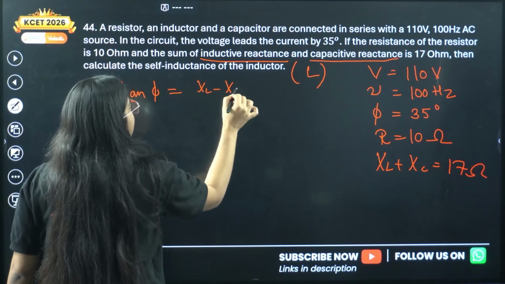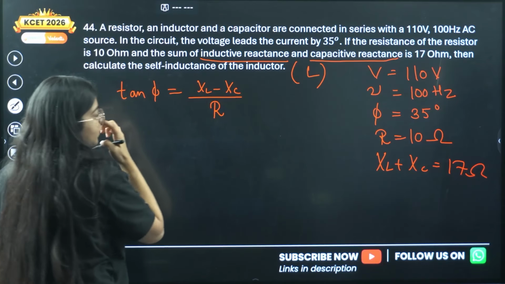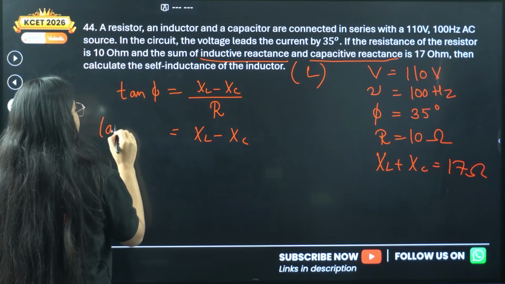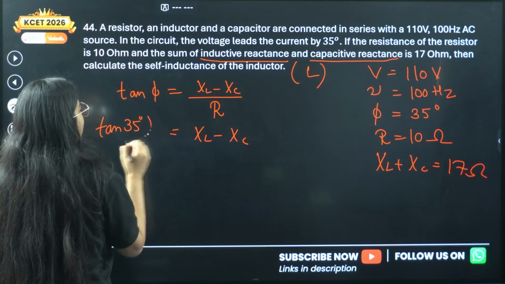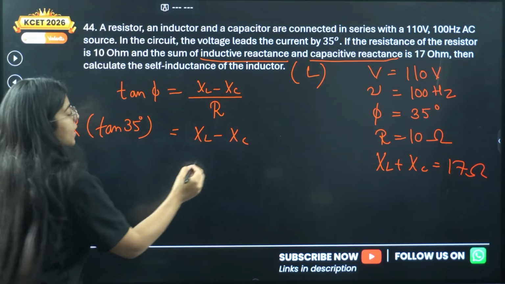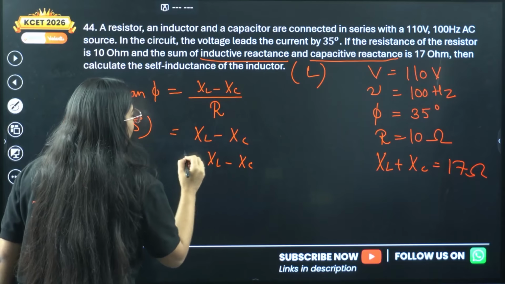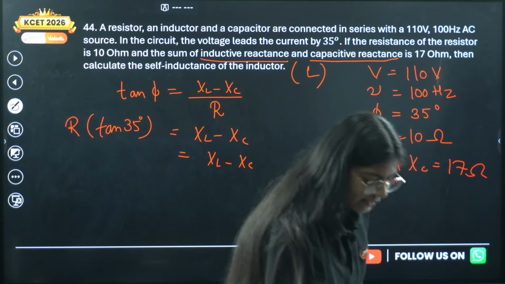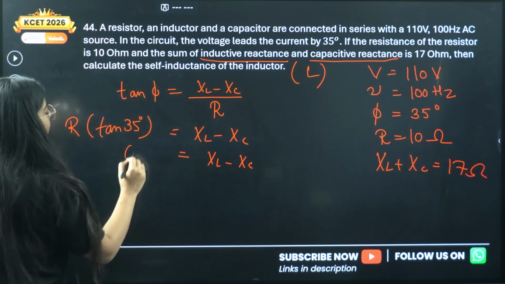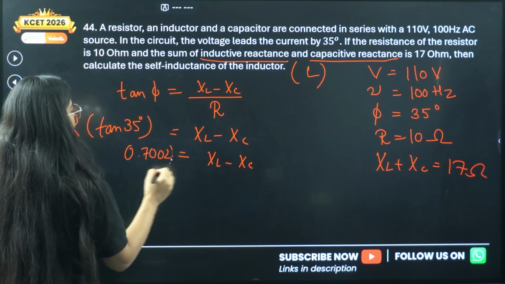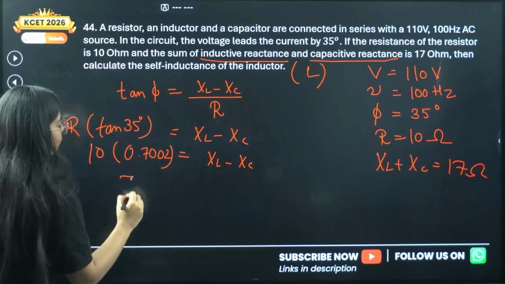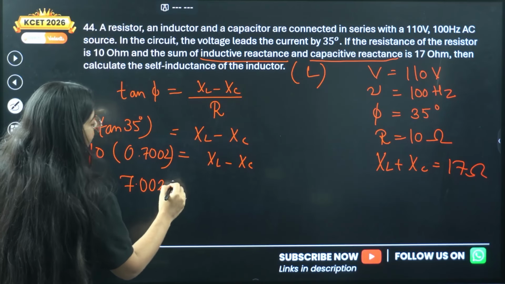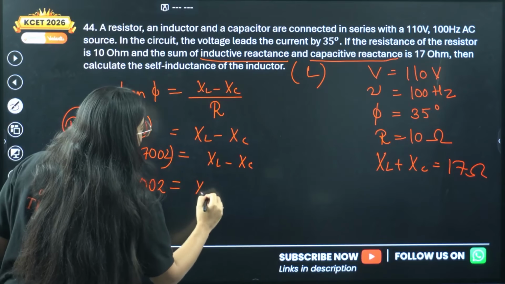Tan phi equals XL minus XC divided by R. So XL minus XC will be tan 35 into R. Tan 35 will be around 0.7002, into resistance 10. So 7.002 equals XL minus XC.